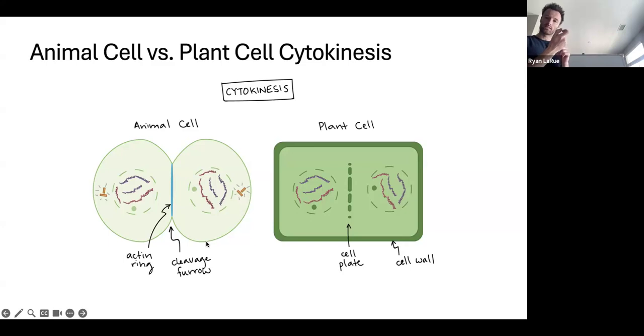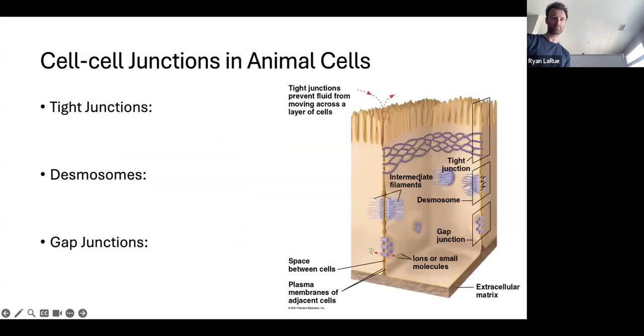Then eventually it squeezes the cell enough that it pinches it into two. So it forms that cleavage furrow, and you have the contractile actin ring versus a cell plate. Just a subtle difference there. Okay.